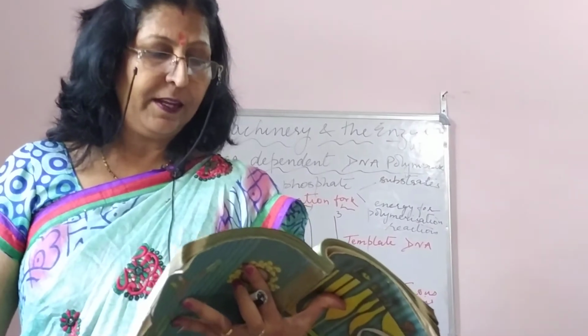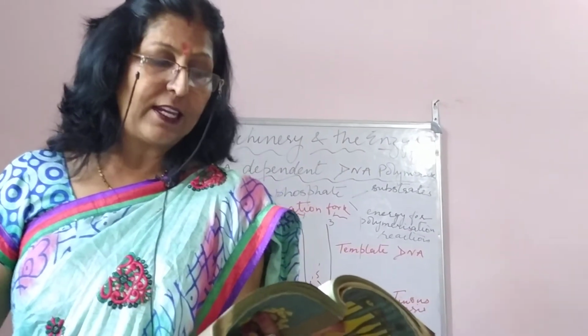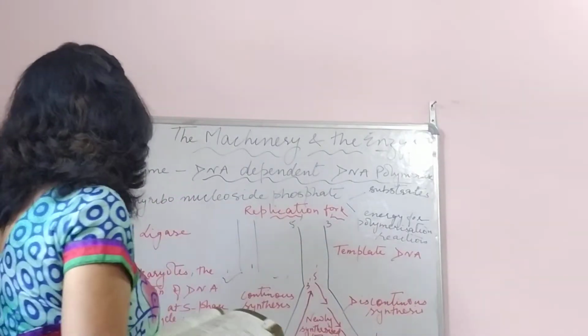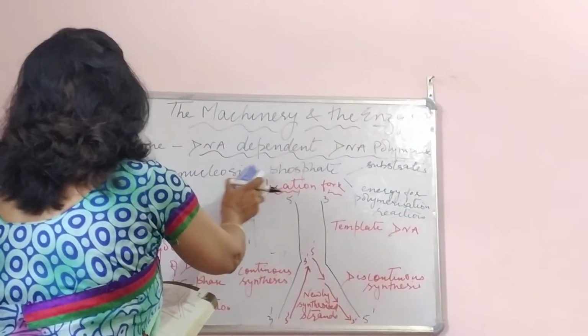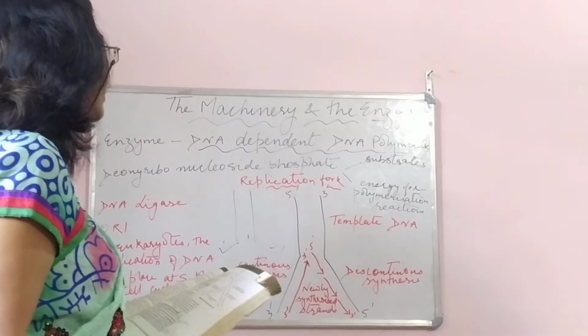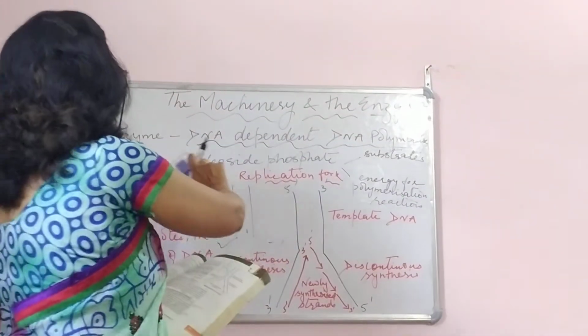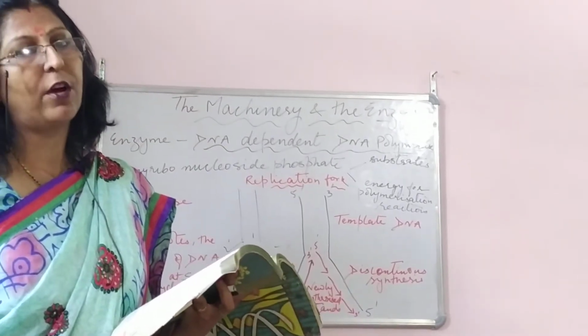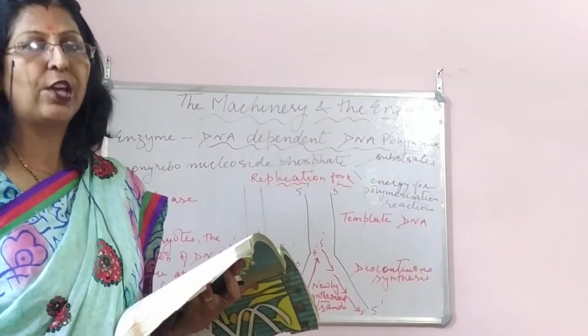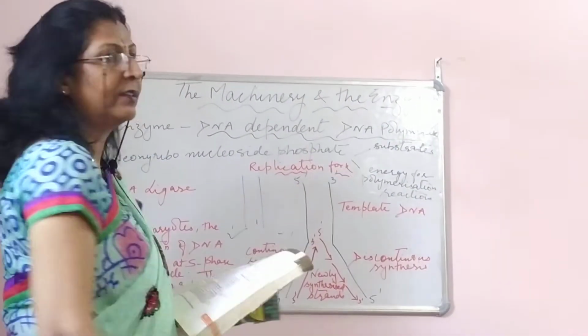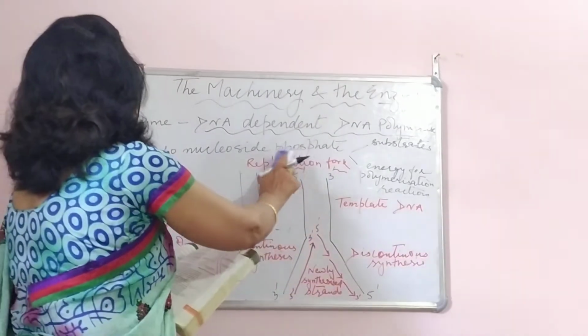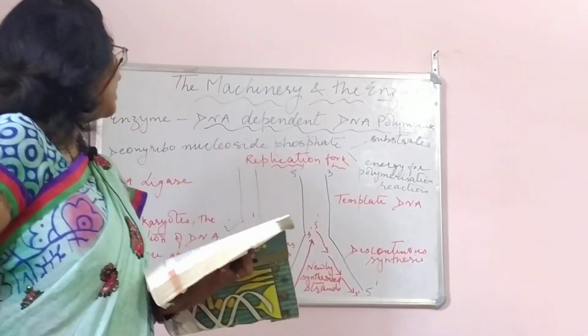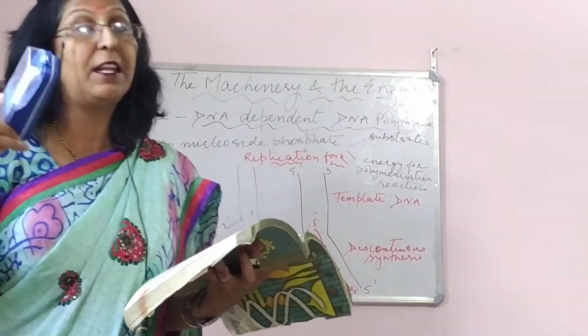And finally, the deoxyribonucleoside triphosphate serves two functions. It provides energy for the formation of the polymer, the chain of nucleotides, and it also acts as substrate. You very well know nucleoside, monophosphate, diphosphate, triphosphate, ATP.